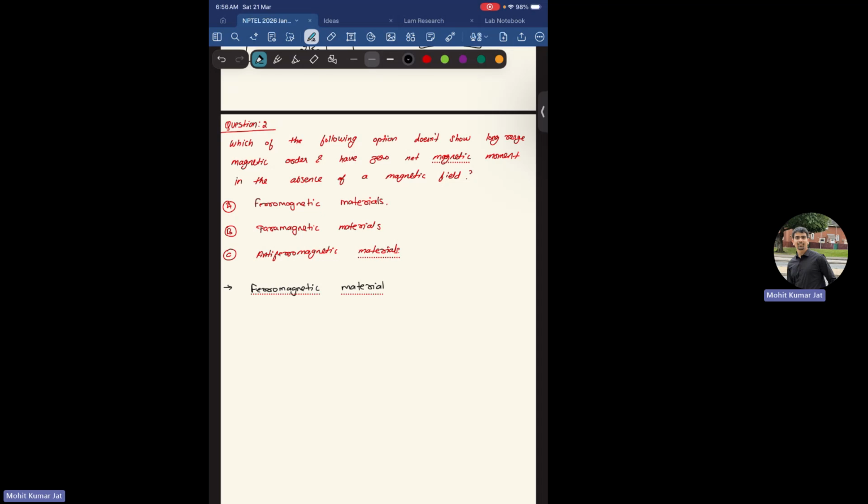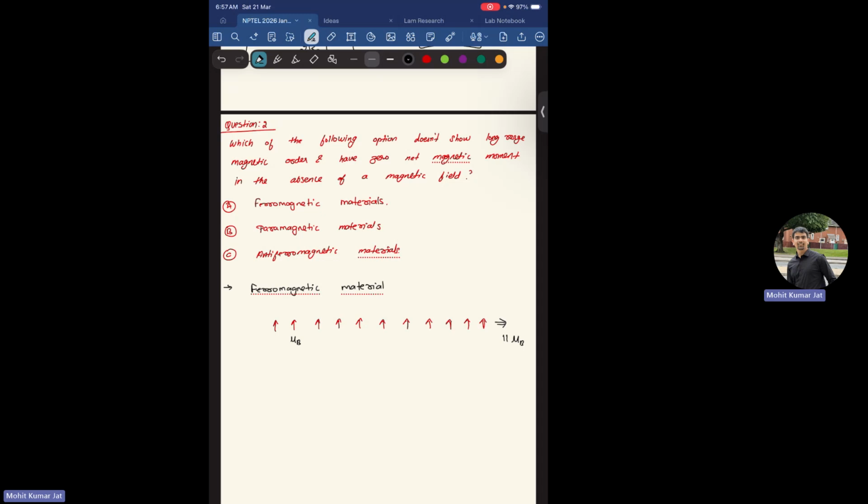So let's say the magnetic moment of a spin is mu B, and they're aligned like this, 1, 2, 3, 4, 5, 6, 7, 8, 9, 10, 11, and each of them has mu B magnetic moment. Then in that case, the total magnetic moment will be 11 mu B.